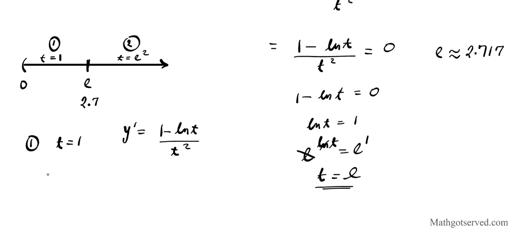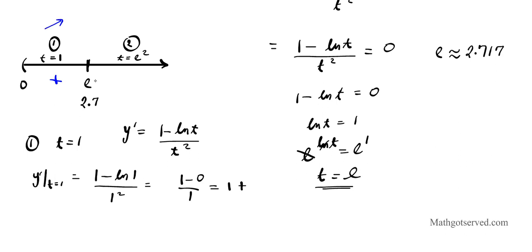Okay, so the first derivative evaluated at t equals 1. Let's see what the sign is. That's all I care about here. So we have 1 minus the natural logarithm of 1 over 1 squared. In this case, you're going to have 1 minus 0 over 1, which is 1, which is positive. Looking good. So in interval 1, we have a positive slope. That means the function is increasing here.